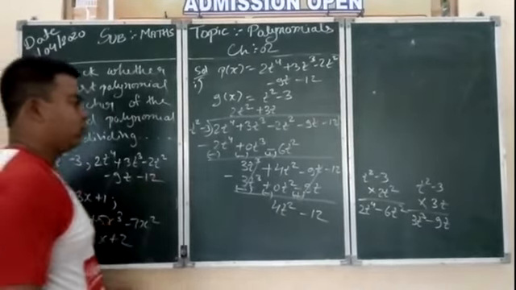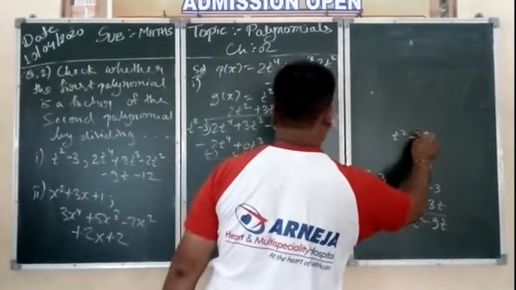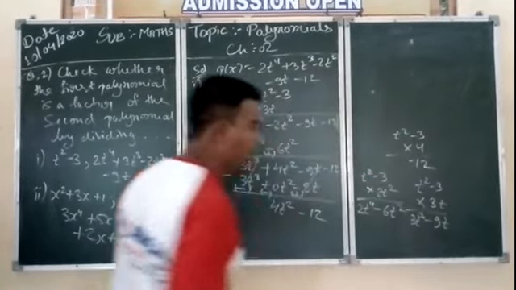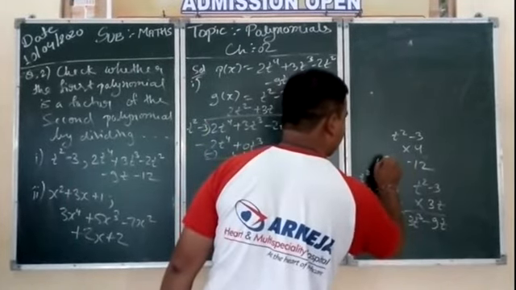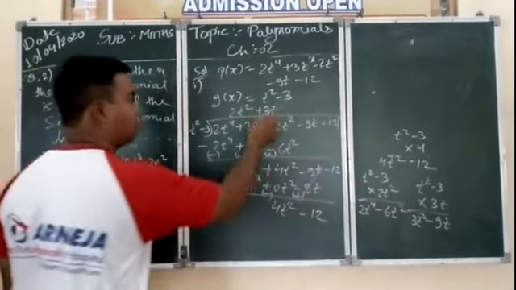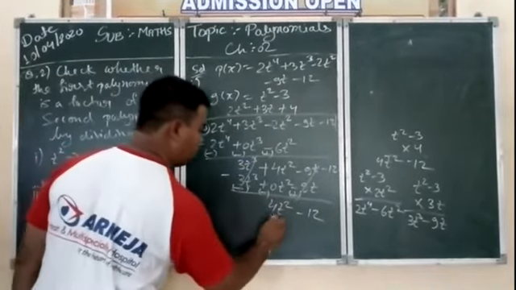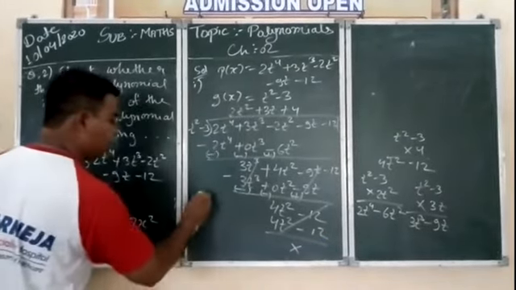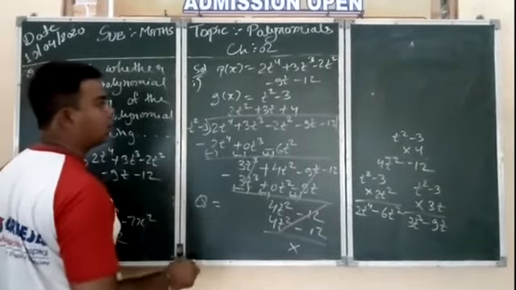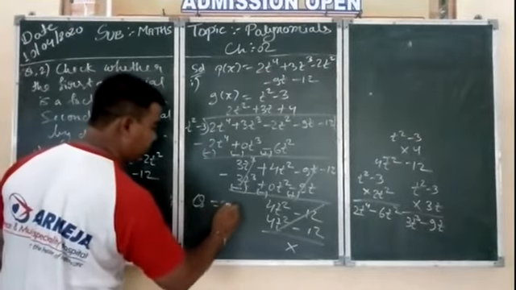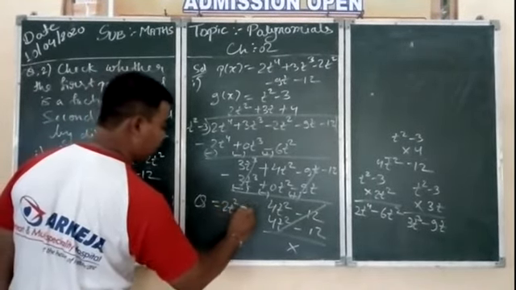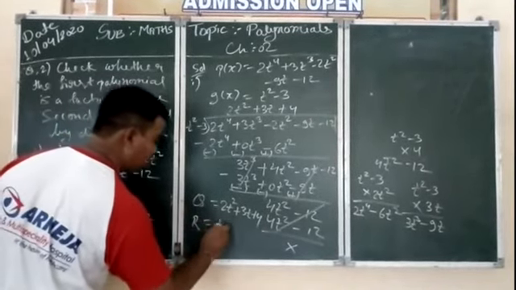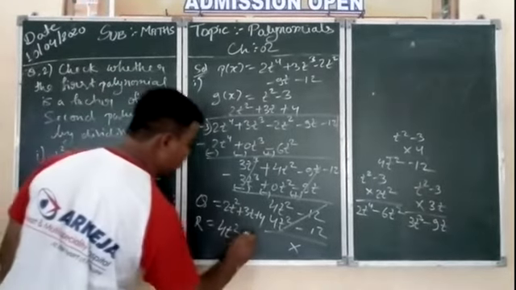Now we want 4, so t square minus 3 multiplied by 4 gives 4t square minus 12, which cancels. So the quotient is 2t square plus 3t plus 4, and the remainder is 4t square minus 12 cancelled.